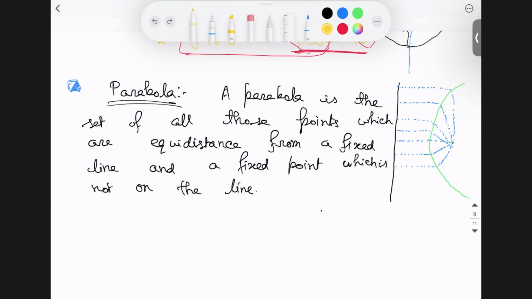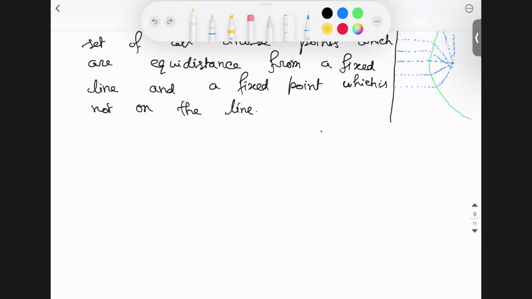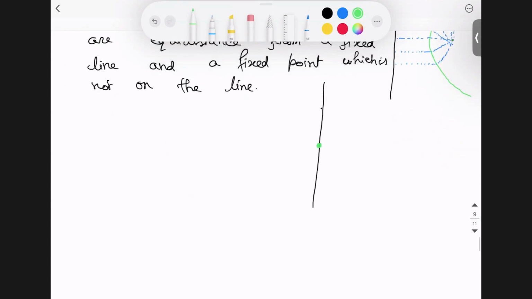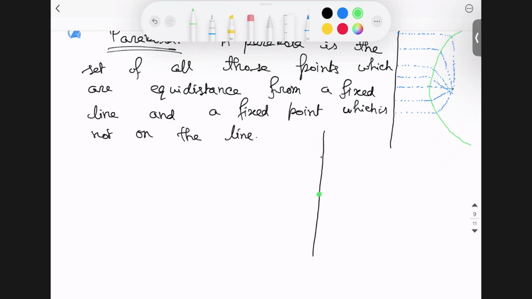Suppose we consider the case that this is a straight line and the point lies on the line.